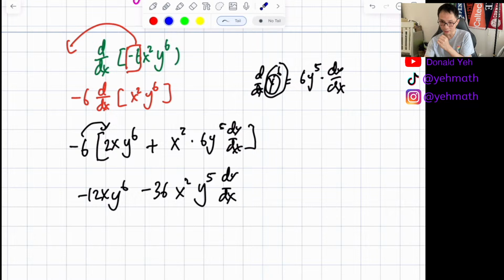Some people did a different order. That doesn't matter because you're adding. So now the second time I take a derivative, the x squared I leave alone, and I just take a derivative of this y to the 6. But for y to the 6, you deal with chain rule because there are 2 layers. So it'll be 6 in the front, y to the 5th, times the derivative of that, dy dx. And the rest of them is just distribution.